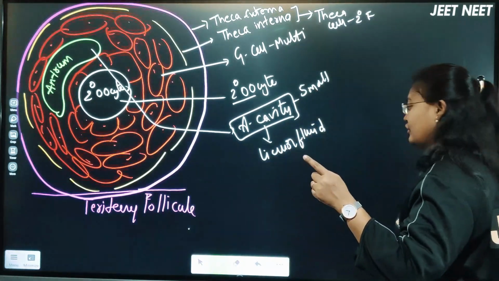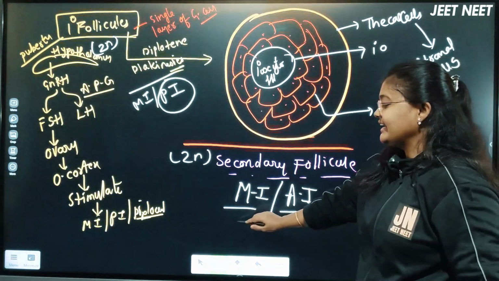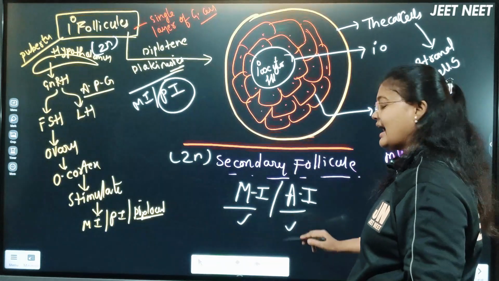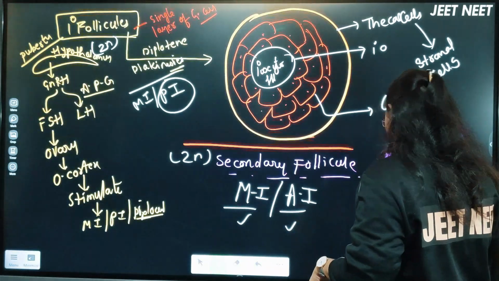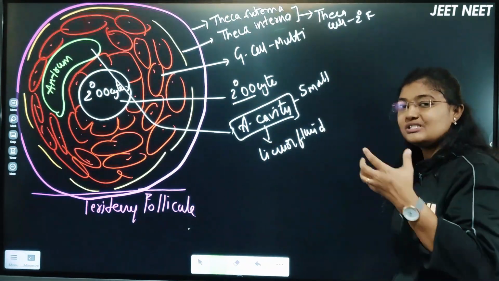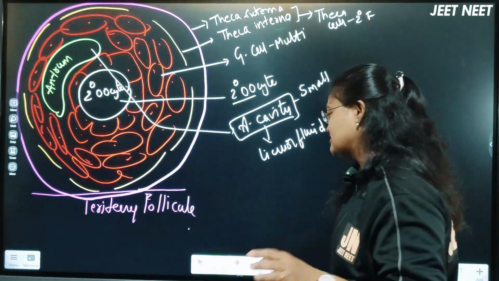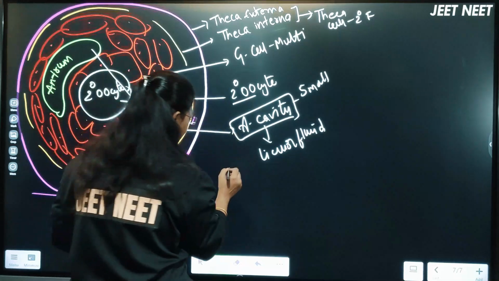In the secondary follicle, the division has started, metaphase 1 and anaphase 1, right? In the tertiary follicle, it starts in which phase now? Telophase 1, right? I am writing this point, very important beta.